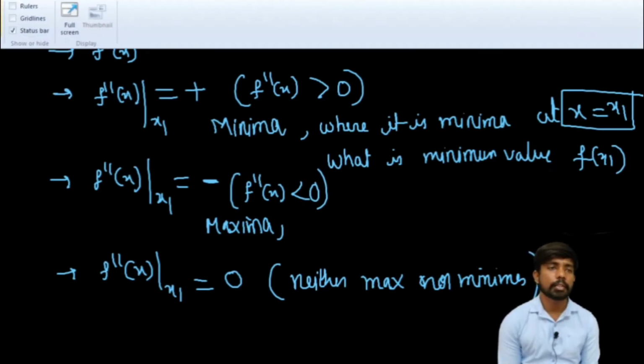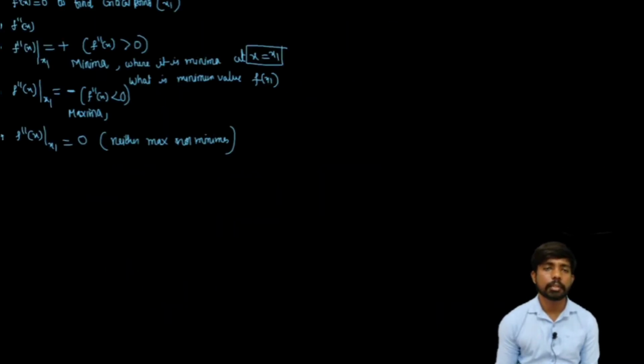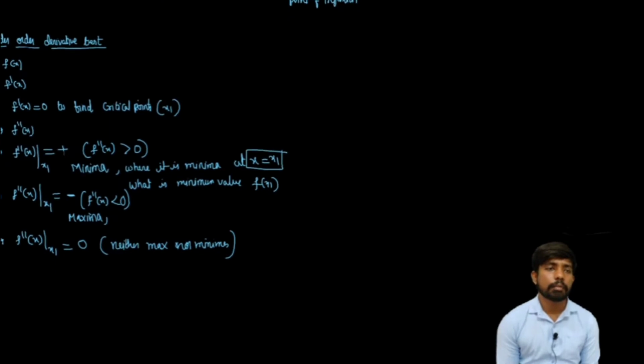So this is the second order derivative test. First, take the given function, differentiate it, make it equal to 0 to find critical points, double differentiate it, and substitute the critical values in the double differentiation. If it is positive, it means minima, at the point where we get the critical point, and if you substitute that critical point in the function, you will get the minimum value.